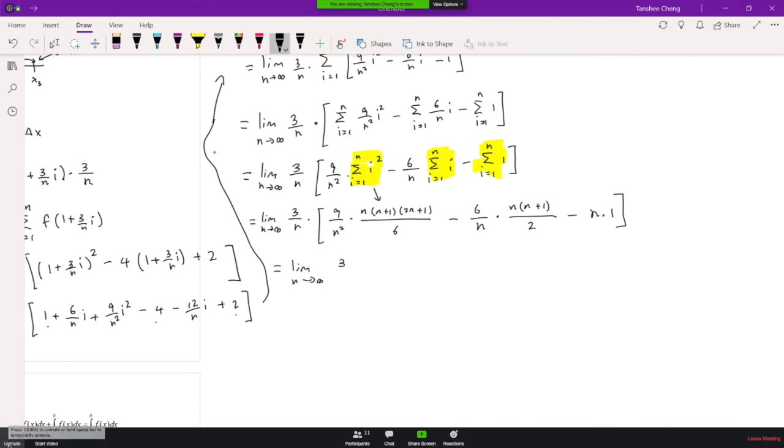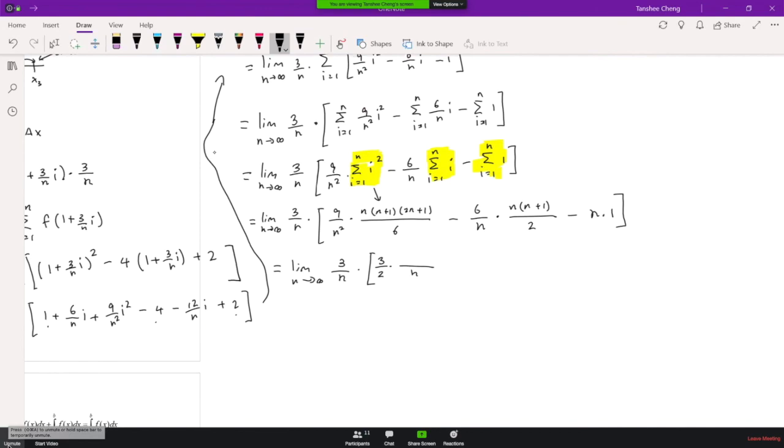So 3 over n times what? Now simplifying it, and that's where you're going to be thinking about how you're going to work on this, right? To make it fast or slow. 9 and 6 is 3 over 2. n and n cancel out. Right? So there's basically n in the denominator.